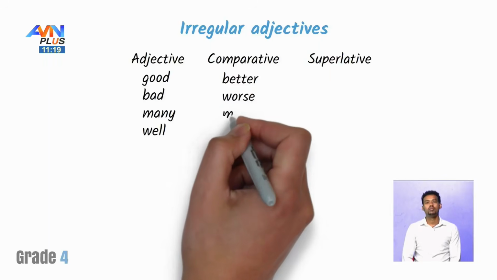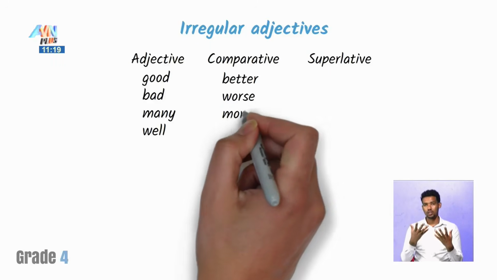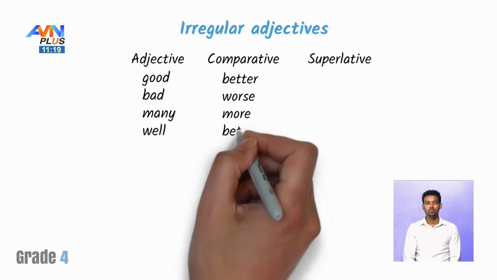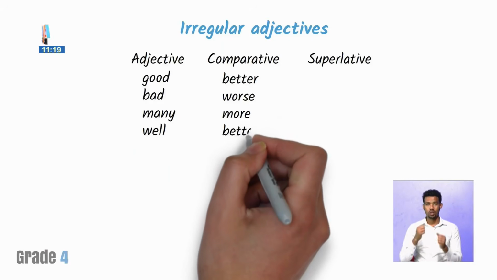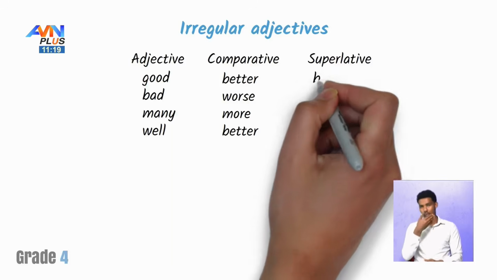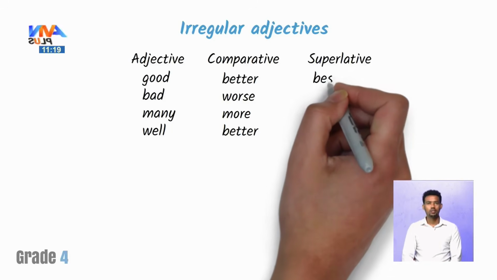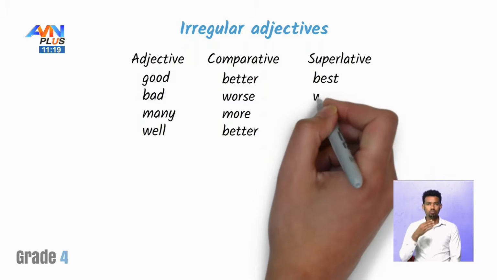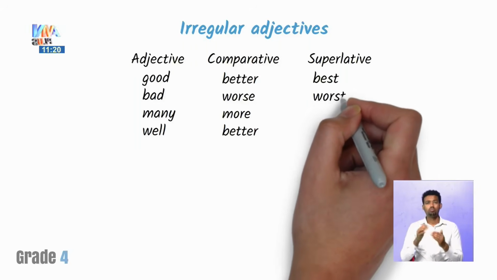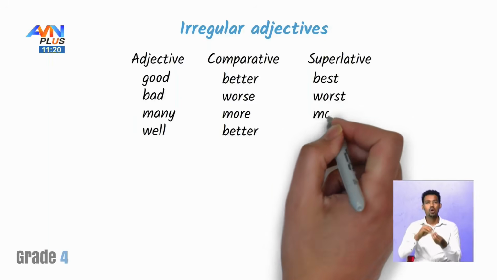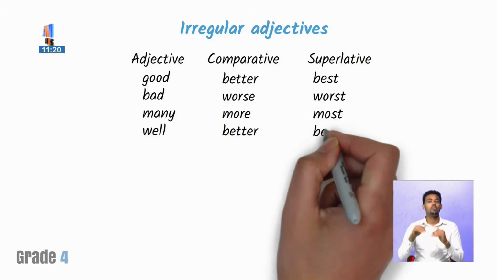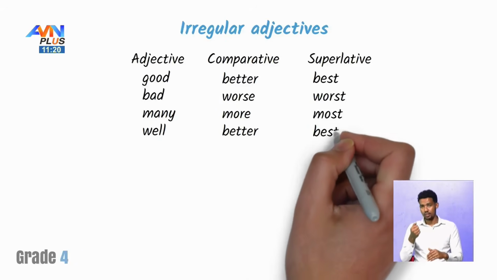For many, more. For well, also we can use better. And when we come to best, bad, worse, worst. Many, more, most. Well, better, and here is best.